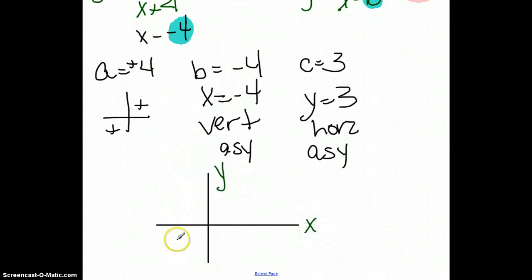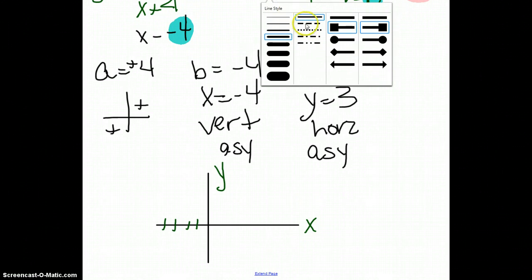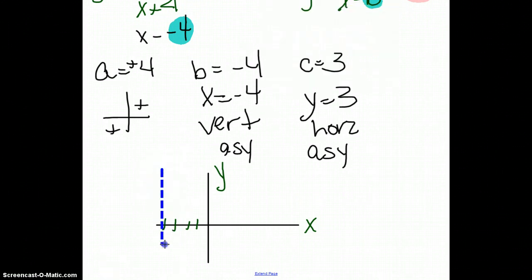X equals negative 4 means that out here, 1, 2, 3, 4. Just changing my line so it's easier for you to see. I'm going to have y equals positive 3. So on the y-axis, I'm going to count up positive 3.